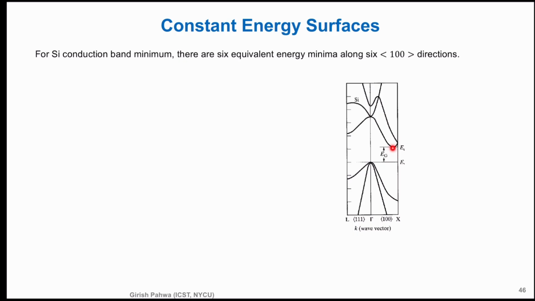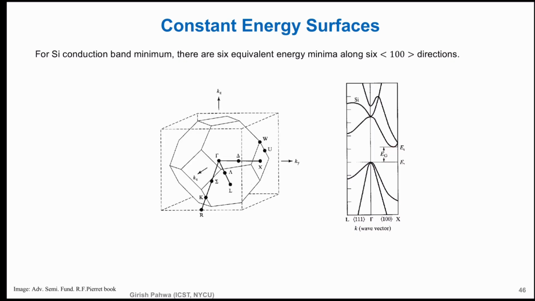So this conduction band minimum is not at the gamma point, it is away from the gamma point along a particular direction, 100. So these are special directions along which the energy minimum occurs. So you may remember this diagram. What is this thing? This is the Brillouin zone, the first Brillouin zone.